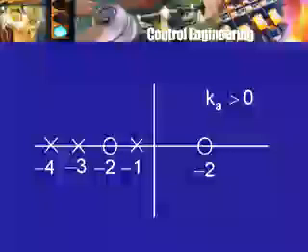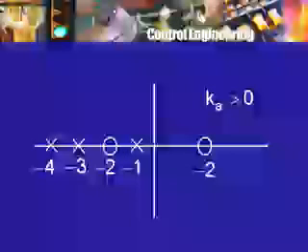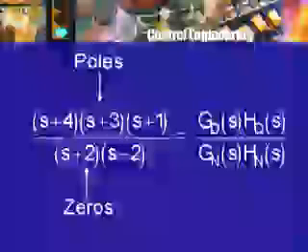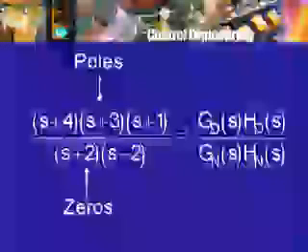GD HD corresponds to the denominator, the poles of G and H. Therefore I will have terms like s plus 4 into s plus 3 into s plus 1, divided by GN HN, which is given by the two zeros, s plus 2 into s minus 2. So this is the fraction that we are looking at, GD(s) HD(s) divided by GN(s) HN(s).